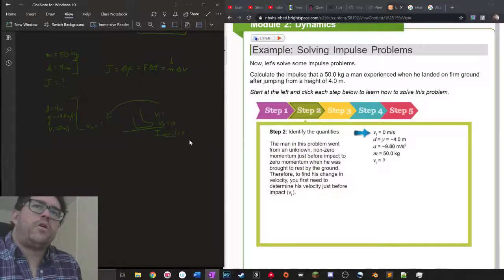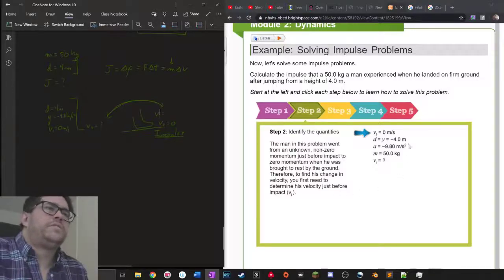Impulse problems are always going to be on the floor. We took that information from V2, brought that as a V1. That's what they're looking after here. Yeah, so Vf, no.